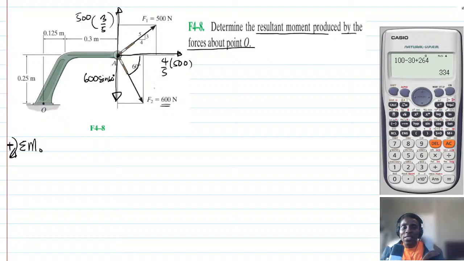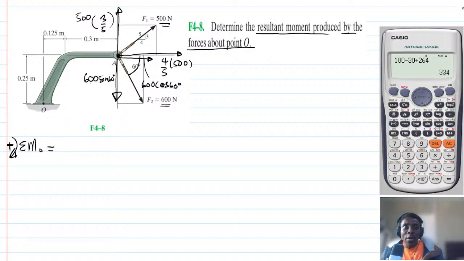And then the other component of the 600 force is going to be 600 cosine 60. So don't be confused. Along the X, we have two forces: we have the 500 Newton component, and we have the 600 component. Now, guys, let's calculate the moment.